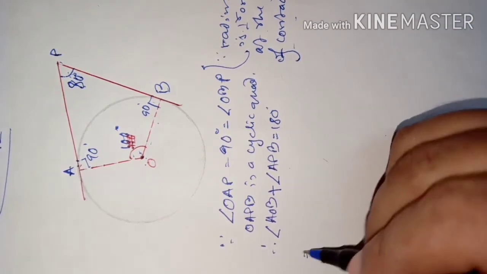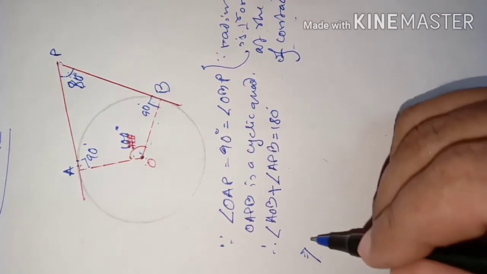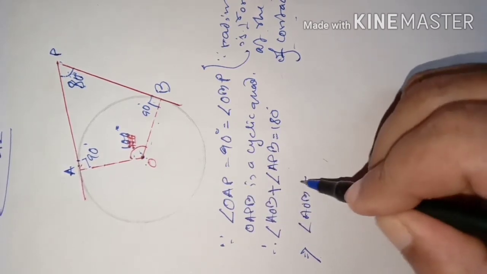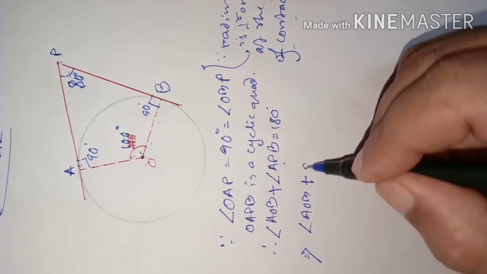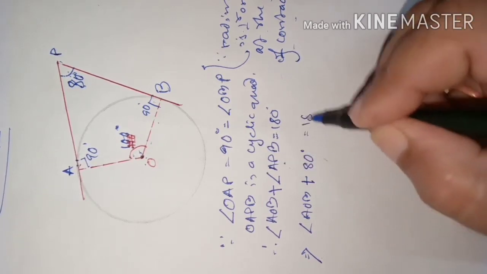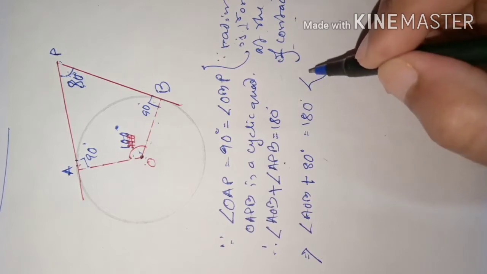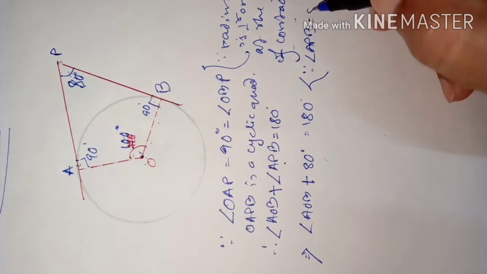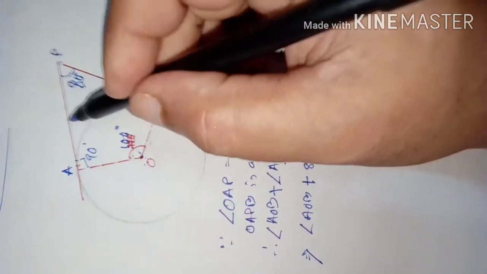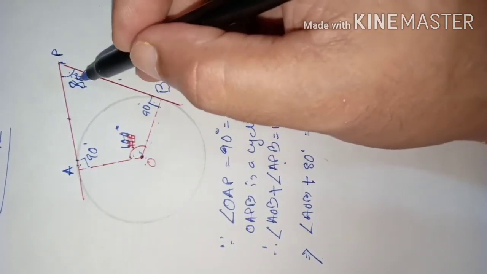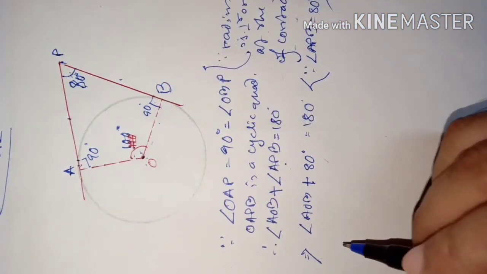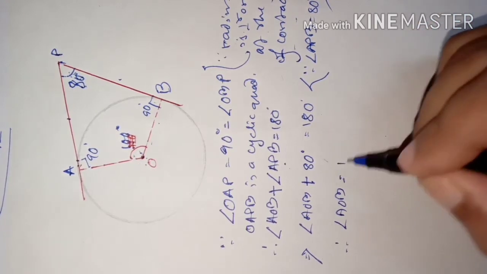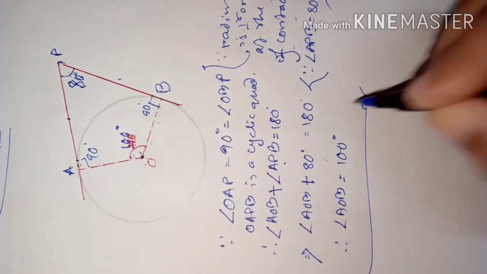AOB is not given to you, but APB is 80 degree, it is given to you. Since angle APB is equal to 80 degree, given that two tangents are inclined to each other at an angle of 80 degree, from here what you can say, angle AOB is equal to 180 minus 80, 100 degree. This is our answer.